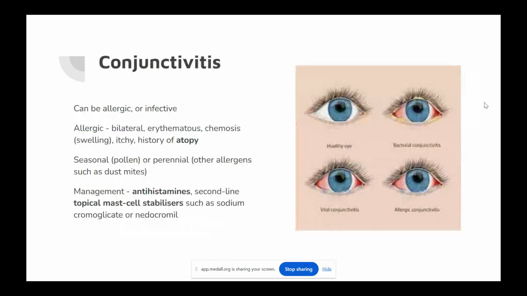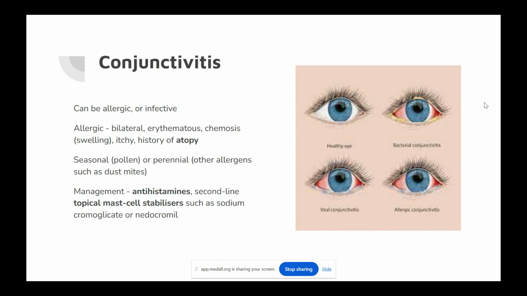And then moving on to conjunctivitis. So there's many different causes. The two main ones that we're focusing on is splitting it into allergic or infective, right? Allergic is usually systemic, obviously, so it'll be bilateral, be red, it can present with chemosis or basically swelling, it'll be very itchy, and a lot of times, as we know, allergy comes in packs, so it won't just be allergic conjunctivitis.